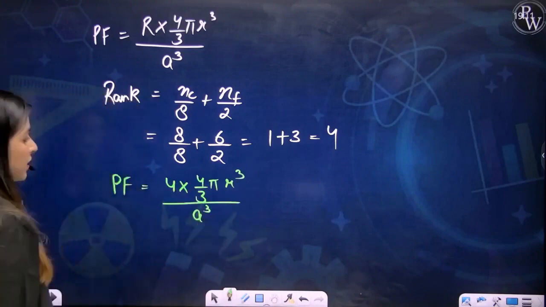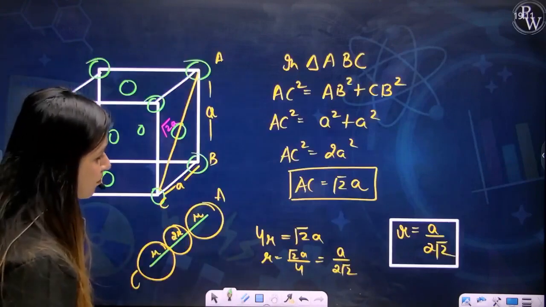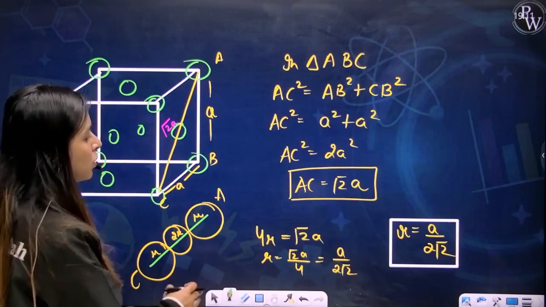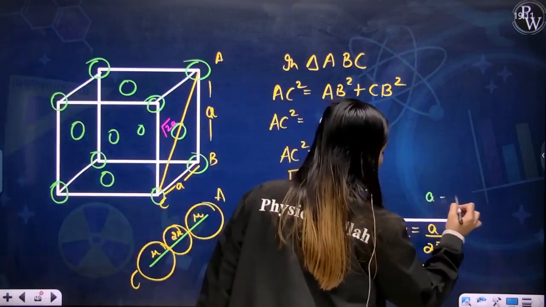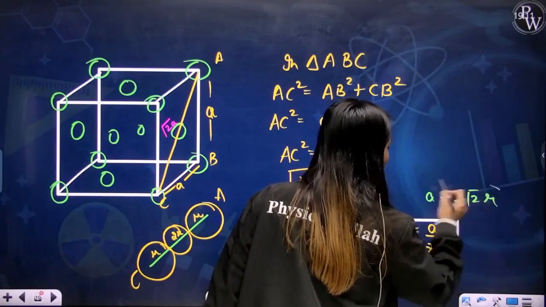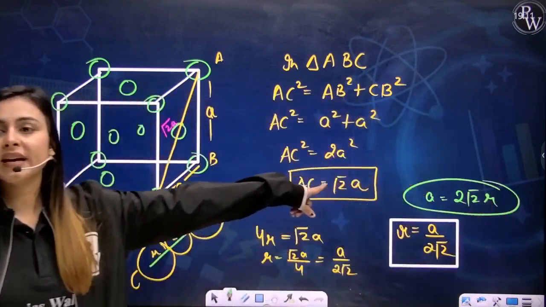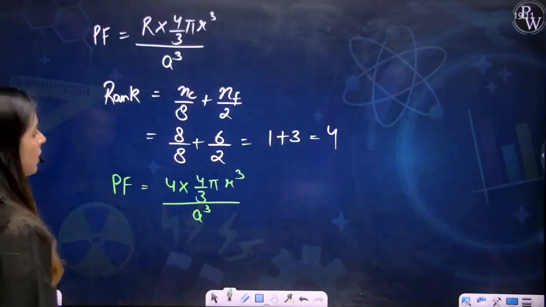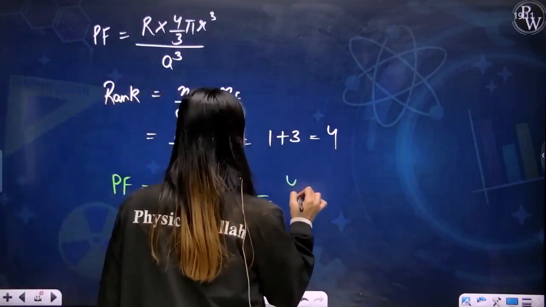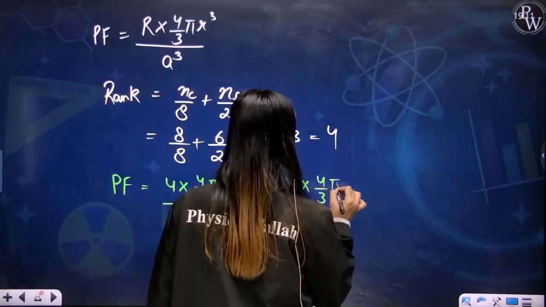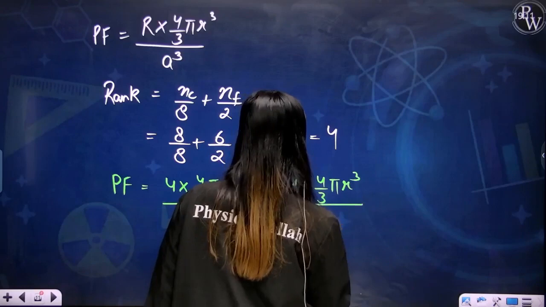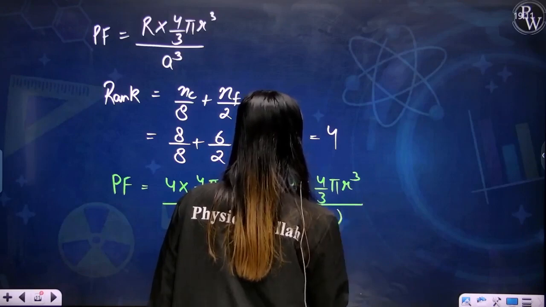Let's find out the relation. I can say that from here A is equal to 2 root 2 R. So let's put the value of A as 2 root 2 R. This would be 4 into 4 by 3 pi r cube upon 2 root 2 R whole cube.